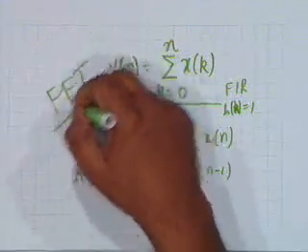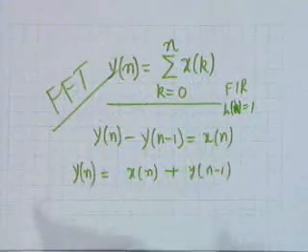It could be non-recursive, and the proof of this shall have to wait till we do the fast Fourier transform. FFT is an example of computing an IIR system non-recursively. I'm absolutely correct. That's all for today. We'll continue this next time.